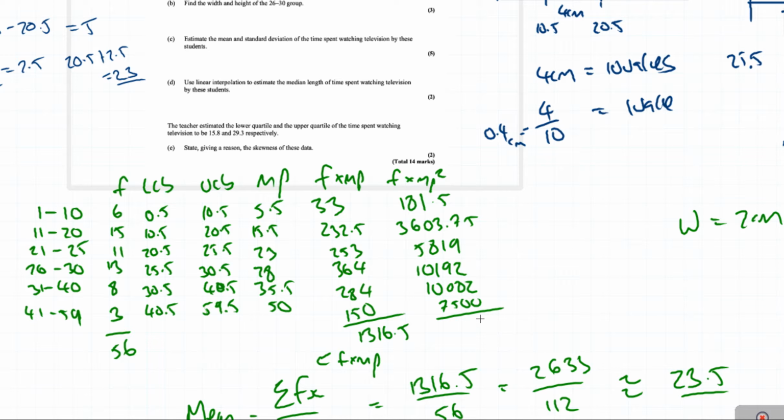So here we add all of this up, so 181.5 plus 3603.75 plus 5819 plus 10192 plus 10082 plus 7500 gives an answer of 37378.25.